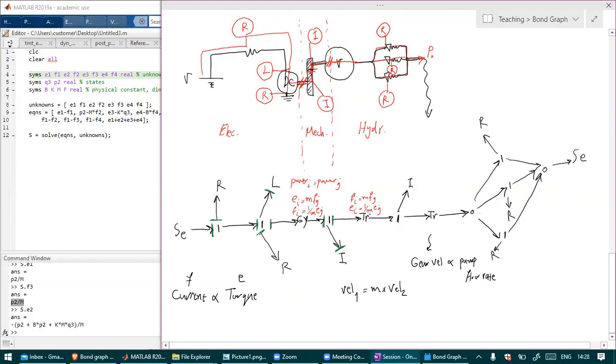So the causality sign is on the same side of TR. So you see for transformer, the causality sign is basically one on one end, the other one on the other end, something like that. But for the gyroscope, the causality signs are both either inward or outward of the arrows. That's how the causality signs of transformer and gyroscope should look like.